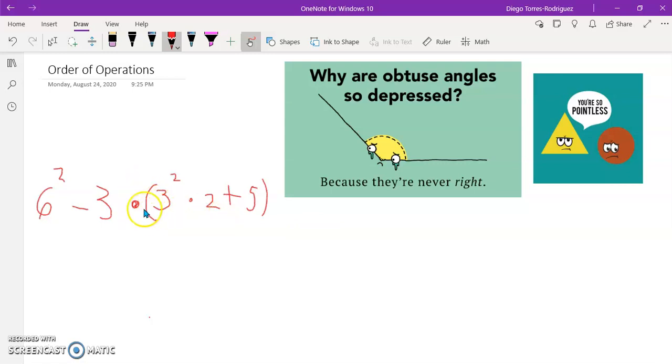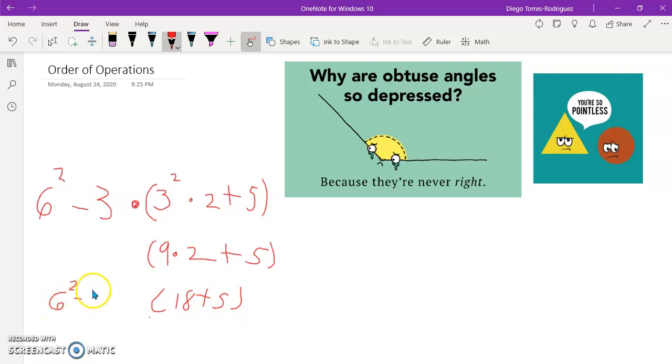So PEMDAS rule from left to right, parentheses first. We'll solve the right side first because it's in parentheses. From there, we'll solve the exponent first. That follows after parentheses. 3 squared would be 9 times 2 plus 5. And then after parentheses, no exponent, so multiplication goes after. 9 times 2 would be 18 plus 5.